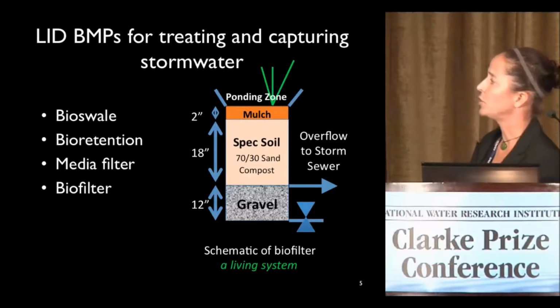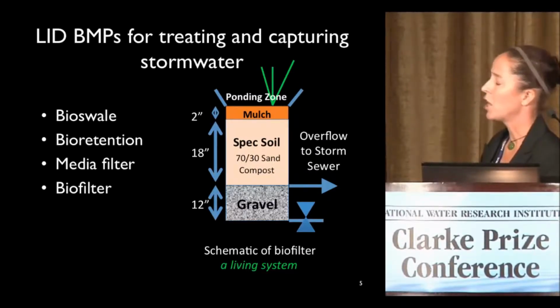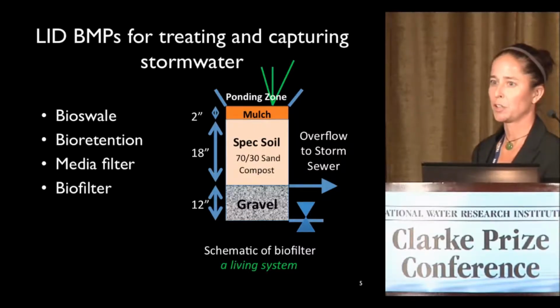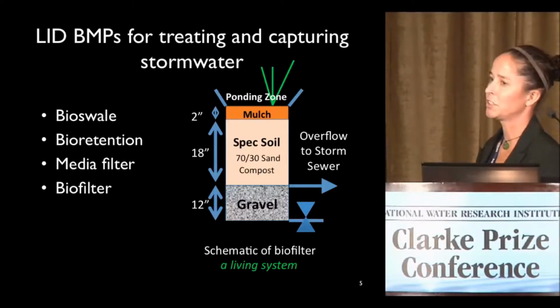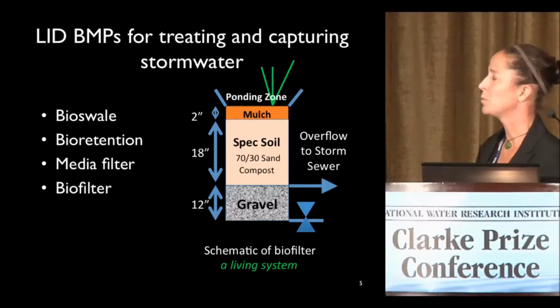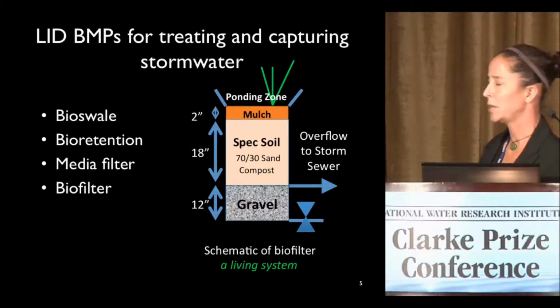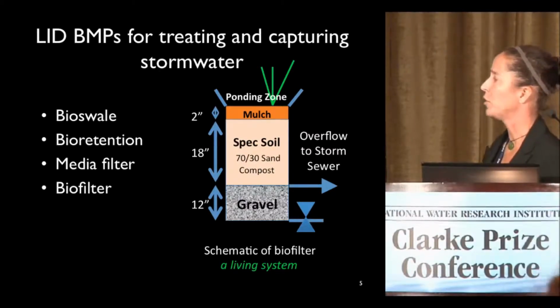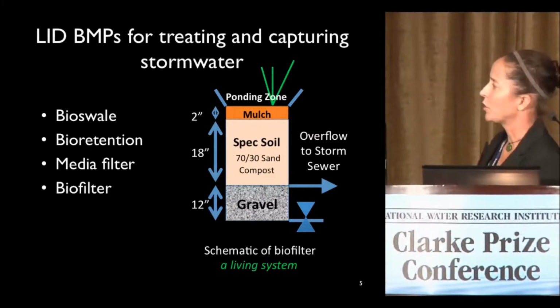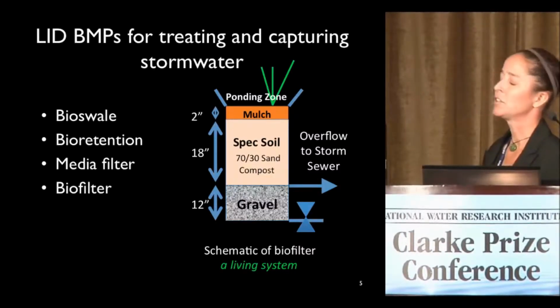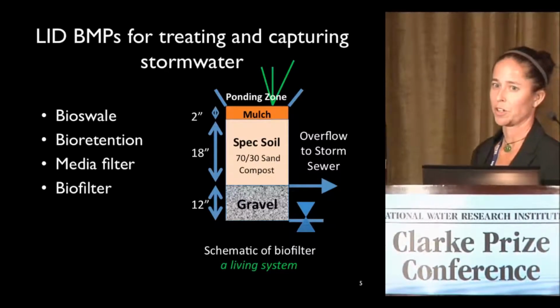So as shown here, this is a biofilter, and in some places it can be called a rain garden. And basically you have a ponding zone with some vegetation, some mulch where the vegetation is growing, and then some specified soil, which might be a combination of sand and compost, underlaid by some gravel. In this particular diagram, the water that percolates through here can then overflow back into the storm sewer, so it's not infiltrating in this system.